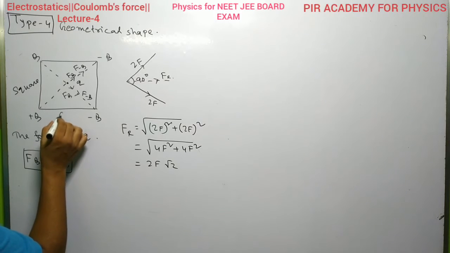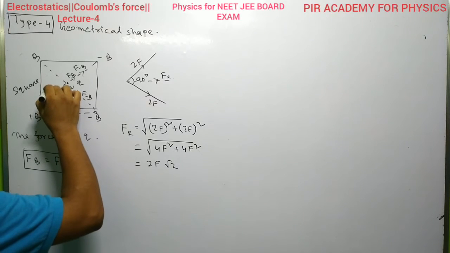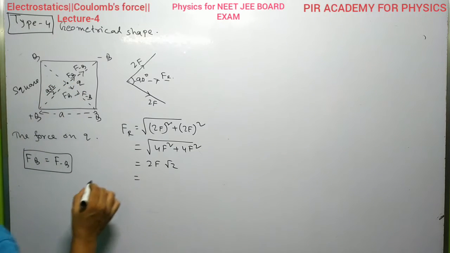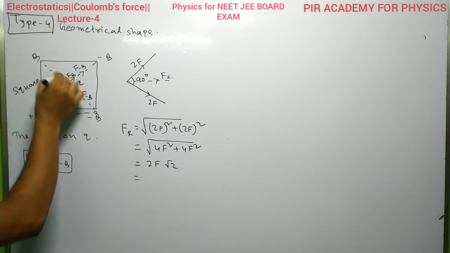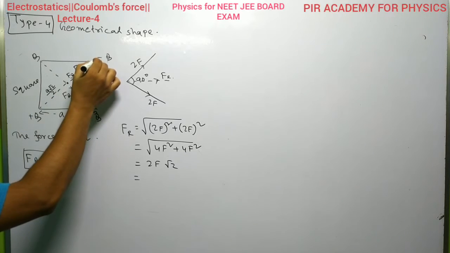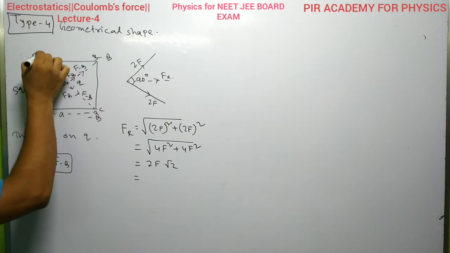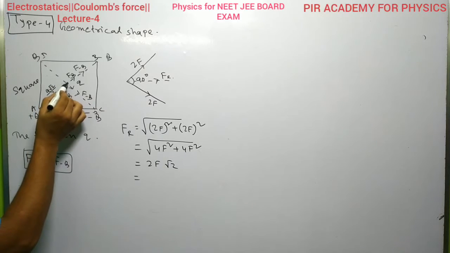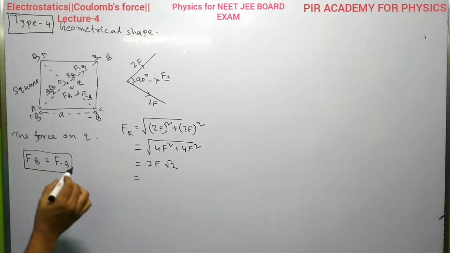Now if the distance is a, then the distance between A and B, and here is C and D, the diagonal is a root 2, so the distance from A to O would be a root 2 by 2, that means a by root 2.